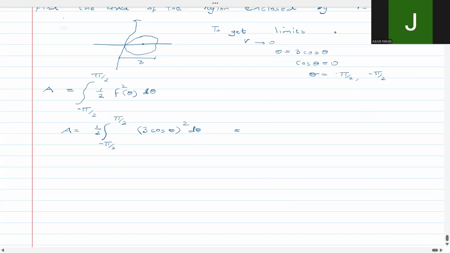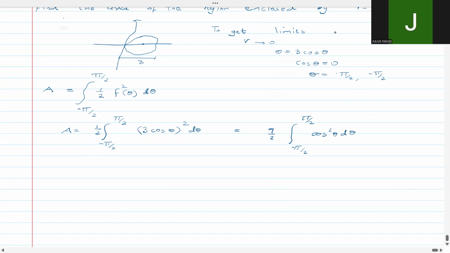So this becomes 9 over 2 because 3 squared is 9. Then we integrate from minus pi over 2 to pi over 2 of cosine squared of theta d theta.